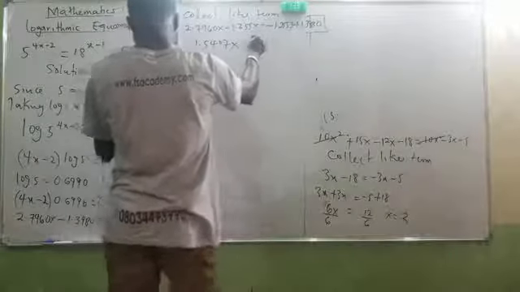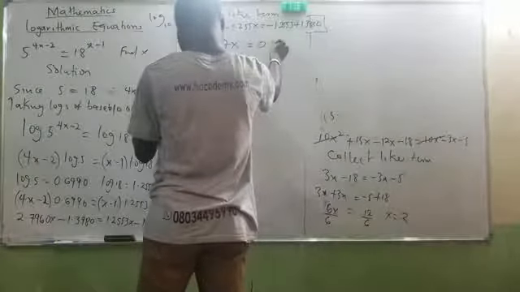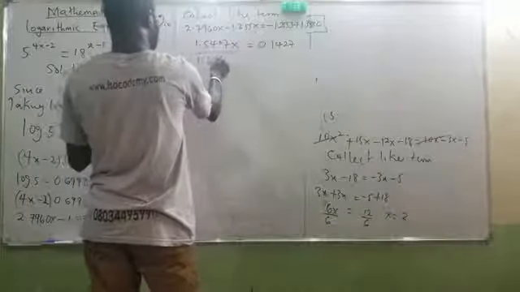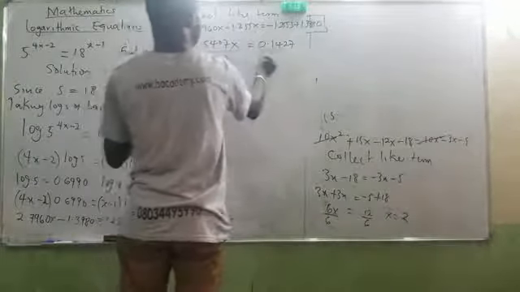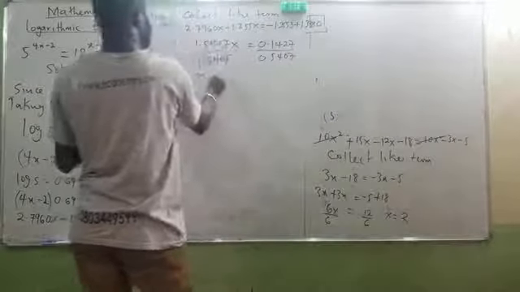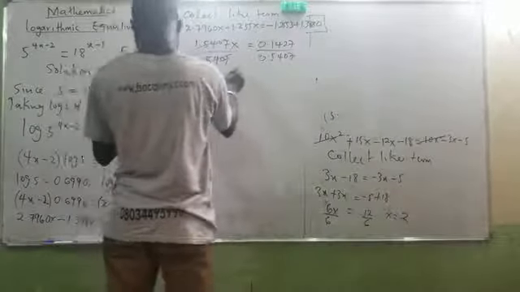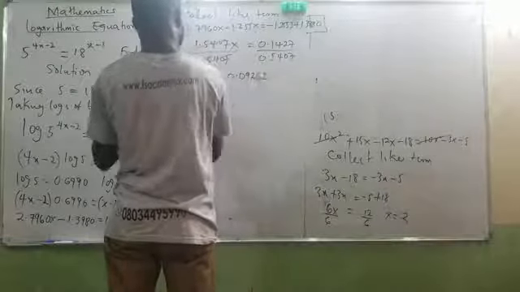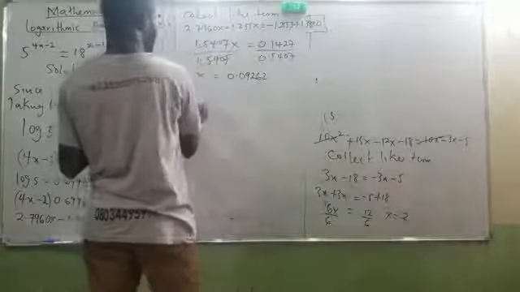Also here will be 0.1427. Divide both sides by 1.5407. This will cancel it. x equals to 0.09262. Now, I will have my x equals to that.